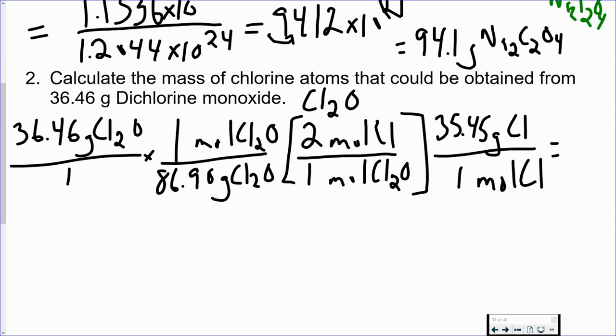Because there's no exponent on the bottom, you can take 36.46 times 2 times 35.45, and then divide that answer with a parenthesis of 86.90, giving you a grand total of 4 sig figs. So you got 29.75 grams of chlorine.